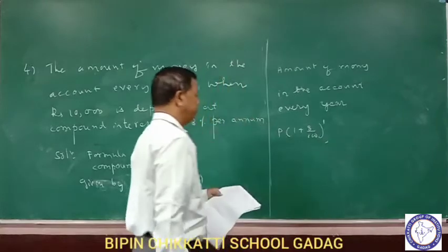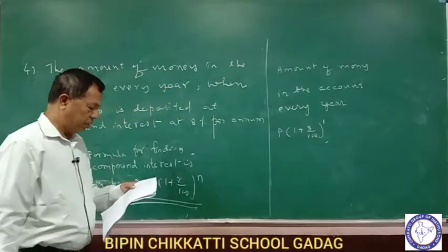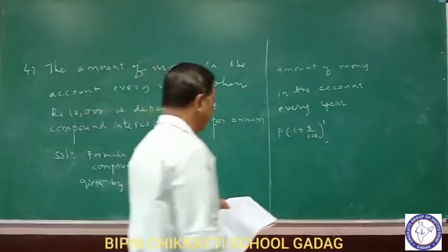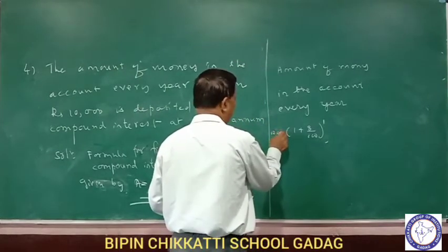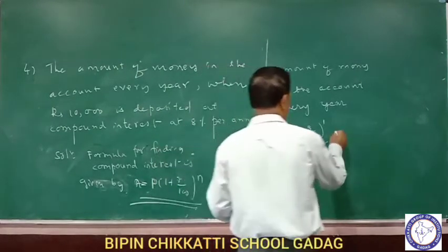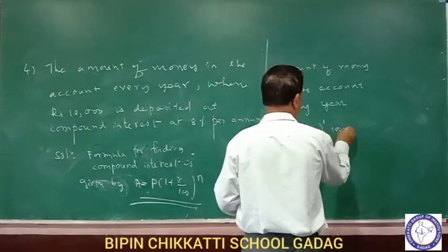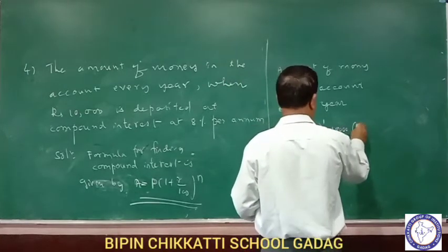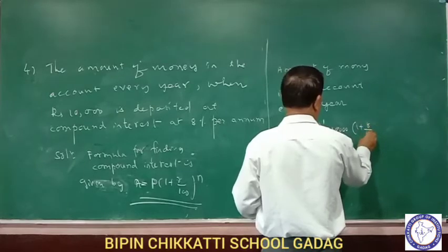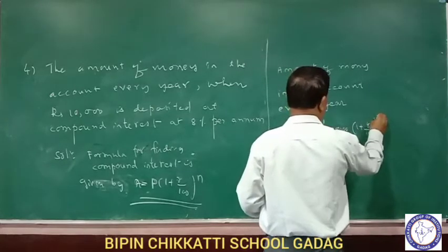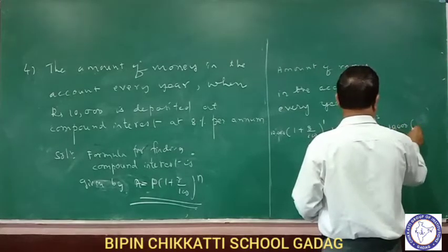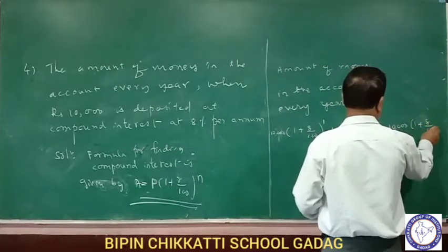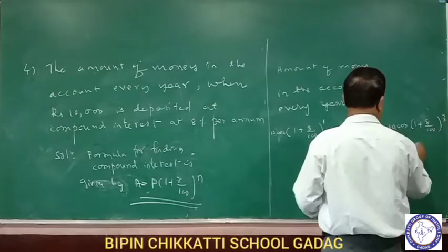Rate of interest is 8, and the principal amount is 10,000. Second year: 10,000 into bracket 1 plus 8 by 100 raised to 2. And third year again 10,000 into bracket 1 plus 8 by 100 raised to 3.